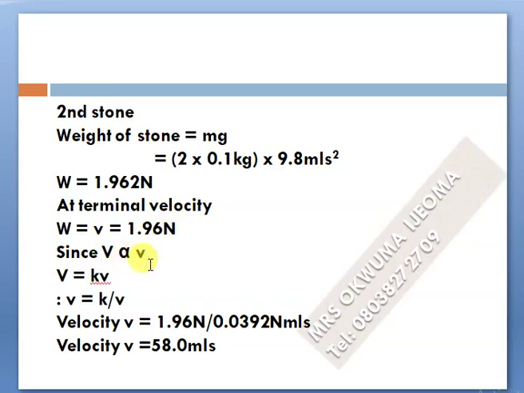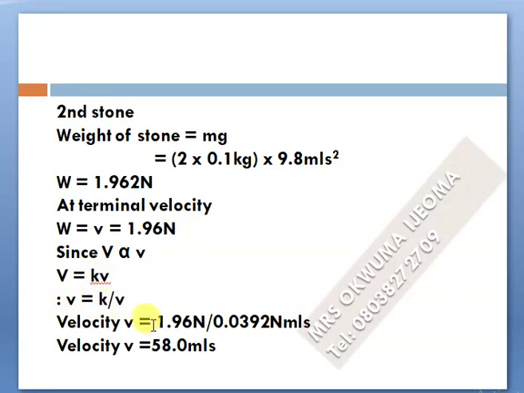The viscous drag, right? So here V is proportional to K as we did before. V is equal to KV. K is the constant. Now I will make V, the velocity, the subject. Velocity becomes K all over the viscous drag.